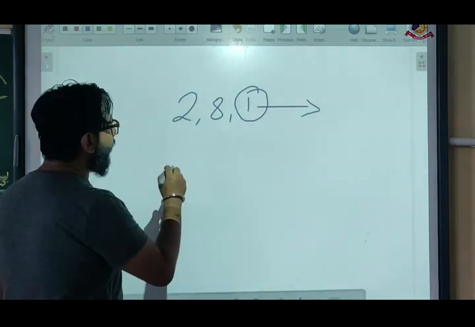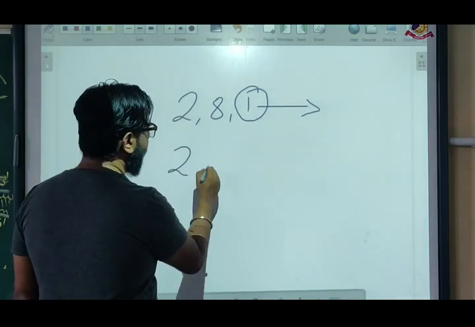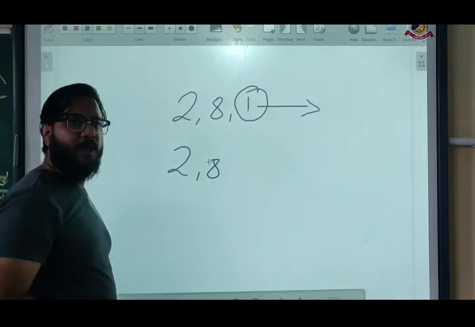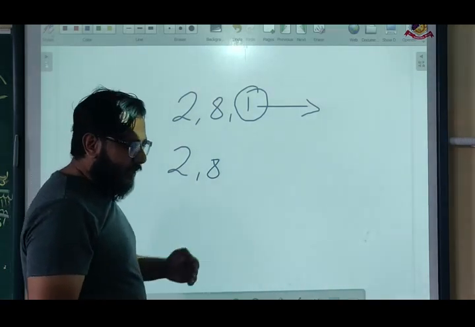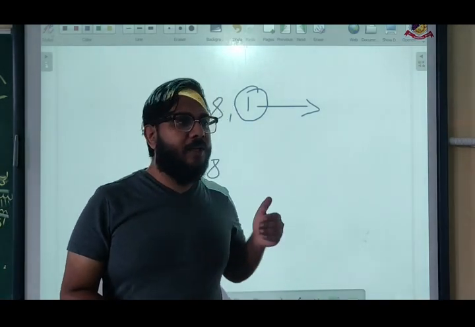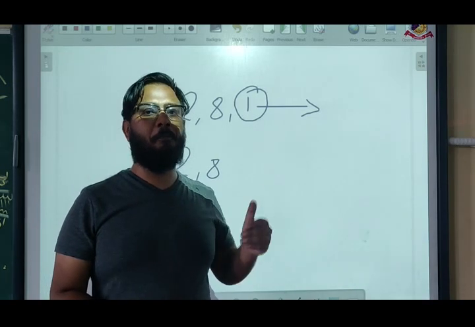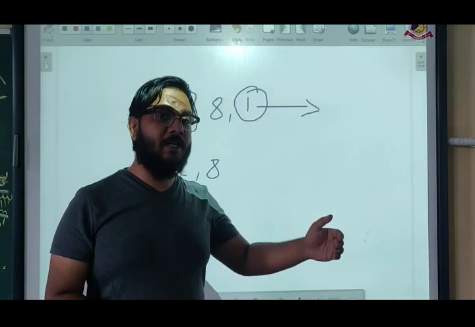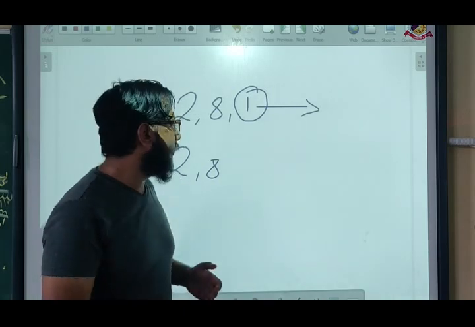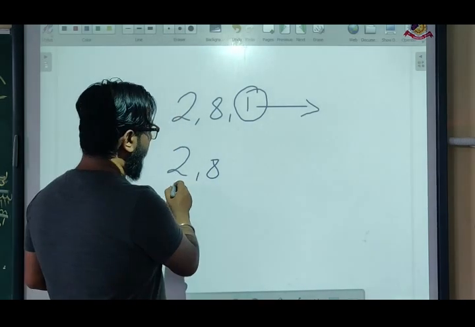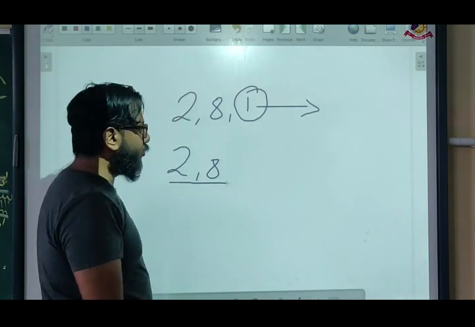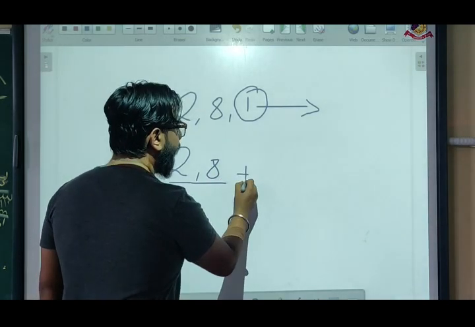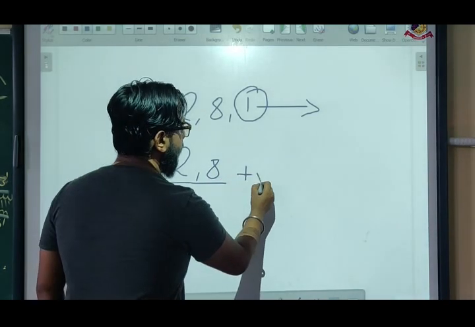When it gives this one electron, it becomes 2, 8. Since it is giving the electron, if you give the electron, then you become positive. So the electronic configuration becomes 2, 8, and it becomes positively charged.